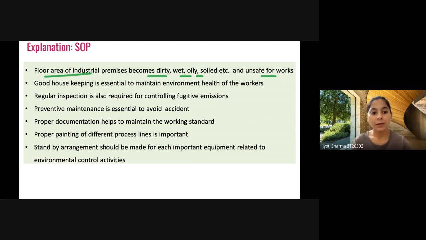Good housekeeping is essential to maintain the environment and health of the workers. Regular inspection is also required. Preventive maintenance is essential to avoid accidents. Proper documentation, proper painting, and standby arrangement should also be there. So these are some SOPs that we need to follow.